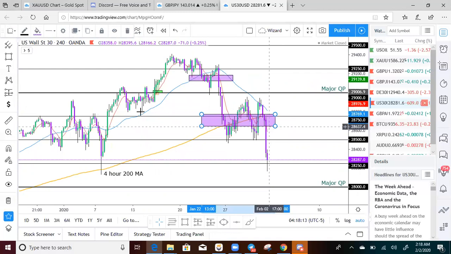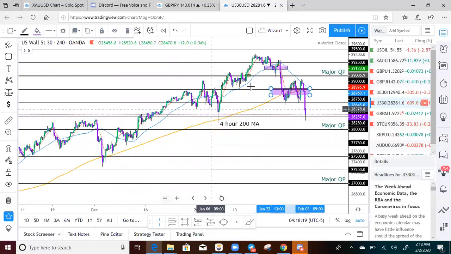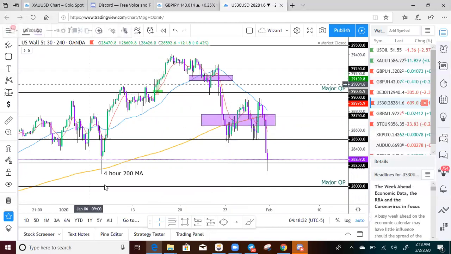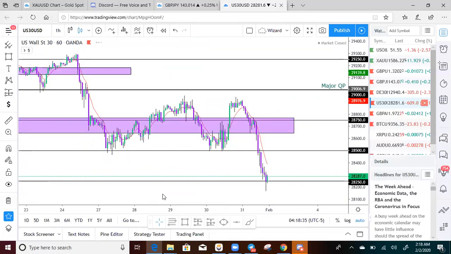But we see the same movement. We bounce off our quarter point, and we drop down 250 points, 500, and we see all our rejections. It's just beautiful off the quarter points.